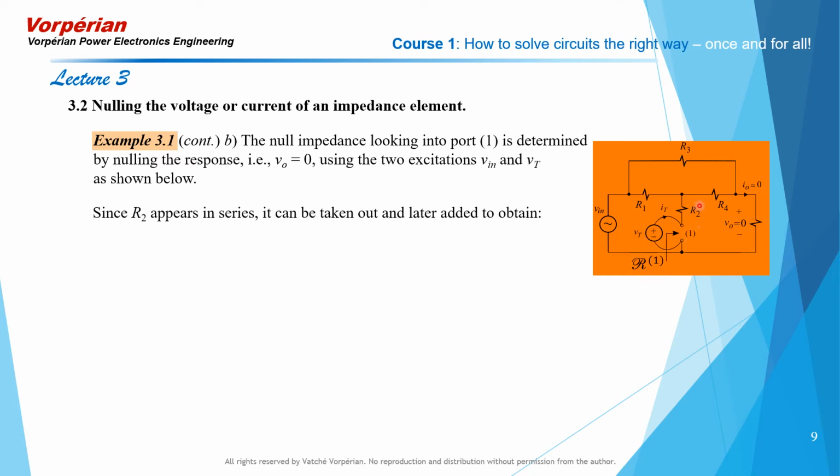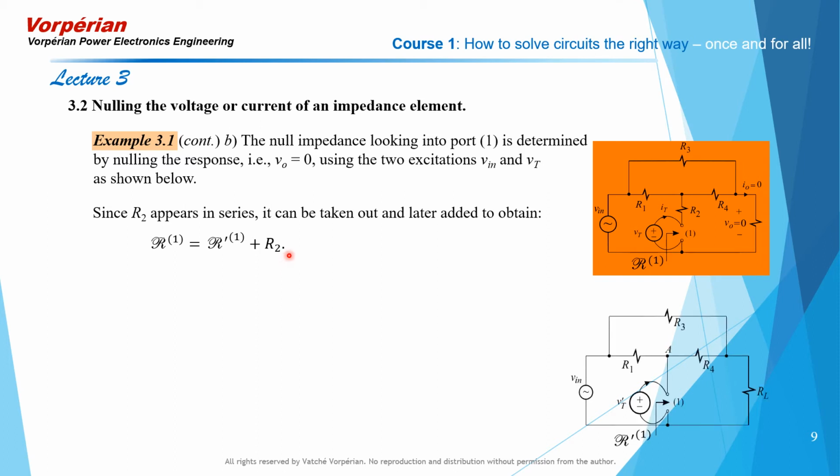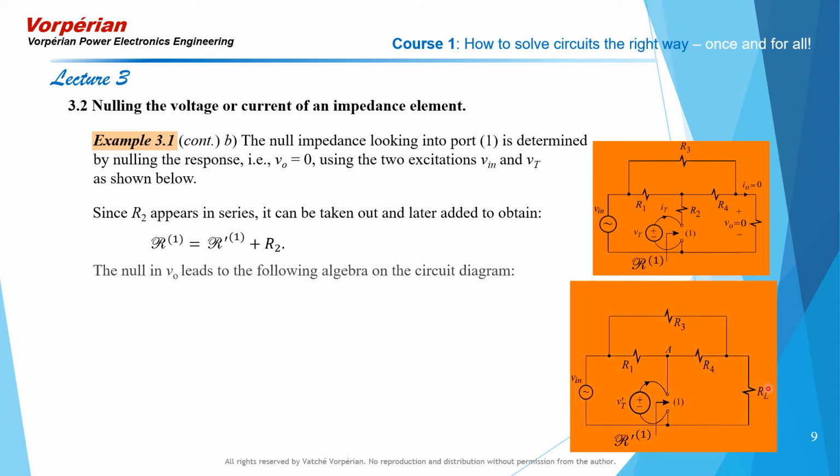So I don't have to carry R2 in the algebra that I'm going to perform on the circuit diagram. Why don't I take R2 out of the picture and perform R prime super 1 instead of R super 1 here, without R2 being carried in the algebra? When I do that, I take R2 out and I perform the calculation for R prime super 1, looking into port 1 with the response V0 nulled.